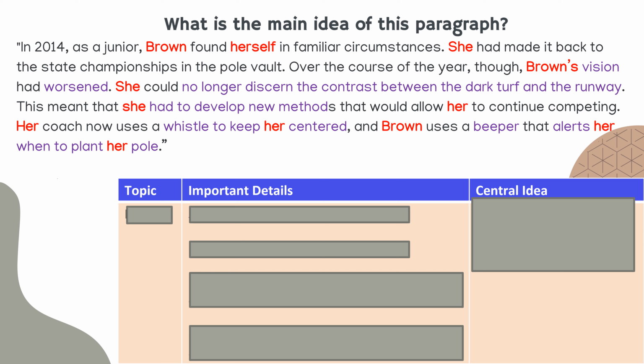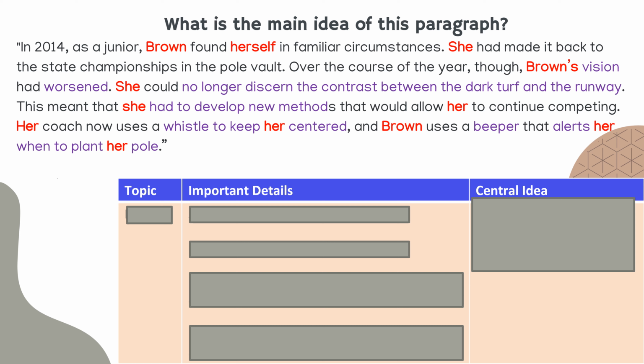Let's look at an example together. What is the main idea of this paragraph? In 2014, as a junior, Brown found herself in familiar circumstances. She had made it back to the state championships in the pole vault. Over the course of the year, though, Brown's vision had worsened.